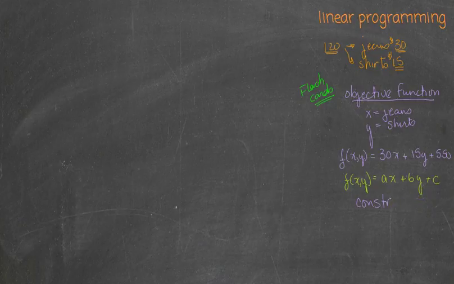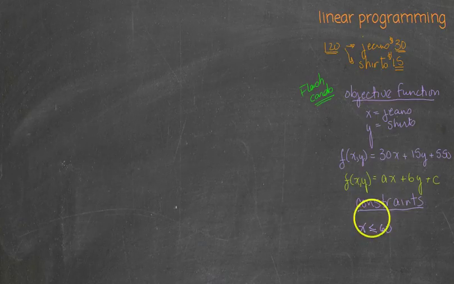So a constraint might be something like, I've been given a limit. X has to be less than or equal to $60, meaning that the most jeans I could buy would be 2 pair.